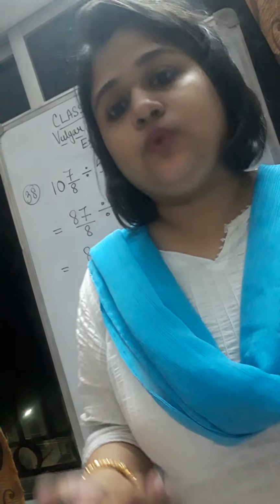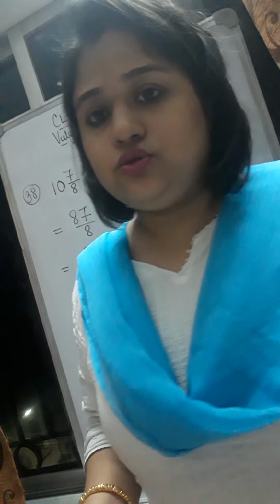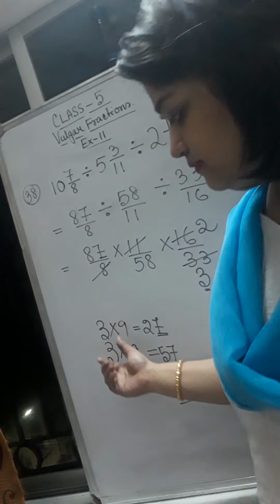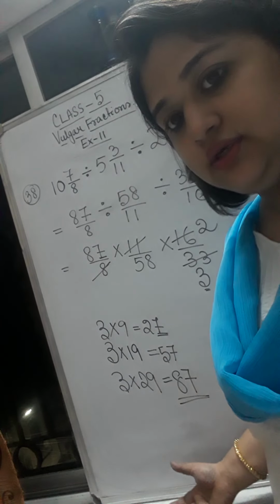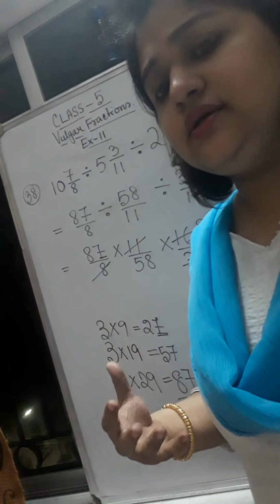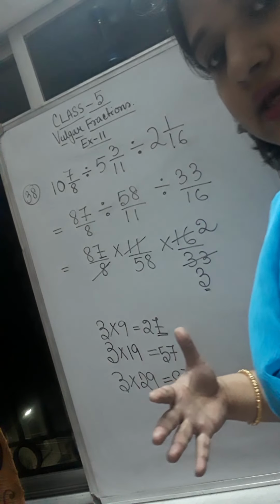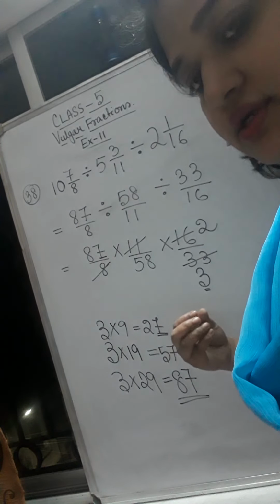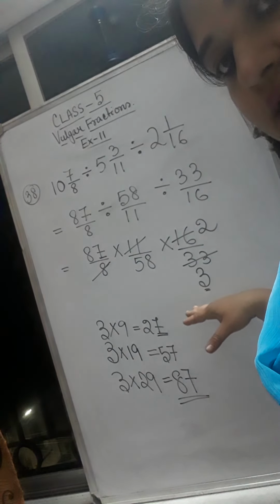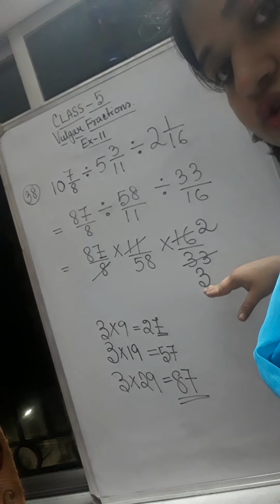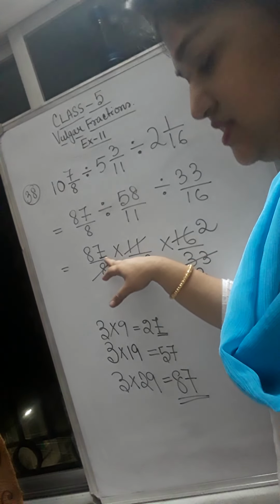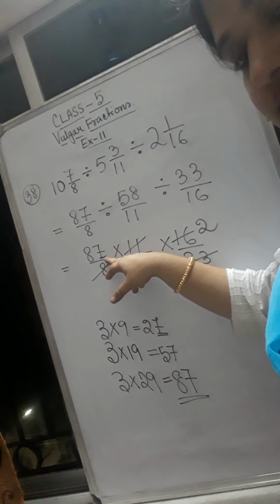So it is not possible for you to remember the table of 29. And it is also not possible to remember 3's table up to 3 into 30. So this is another method of cross-checking and checking divisibility. So what I have done: 3 into how much can give me 7 as the last digit.